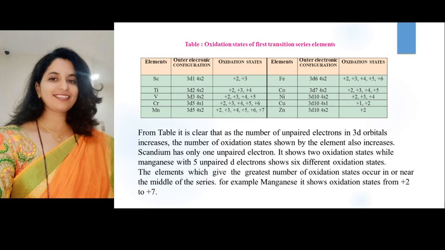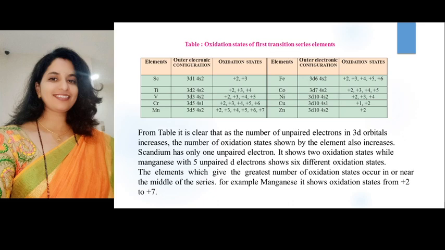Next is vanadium with the outer electronic configuration of 3d3 4s2. Therefore, it shows +2, +3, +4 and +5 oxidation states, and the +5 oxidation state is more stable. Next is chromium. It has outer electronic configuration 3d5 4s1.